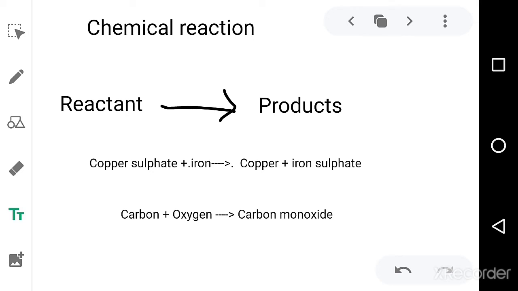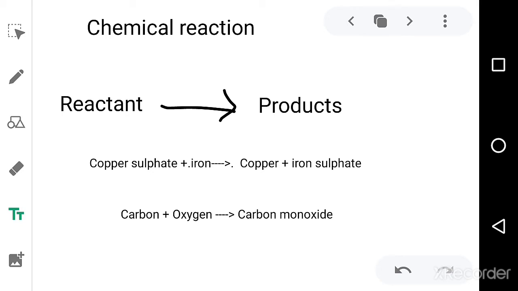When a chemical reaction happens, only then does a substance or element change to a compound. So a chemical change is something irreversible, or a chemical change is a result of a chemical reaction between two or more substances.